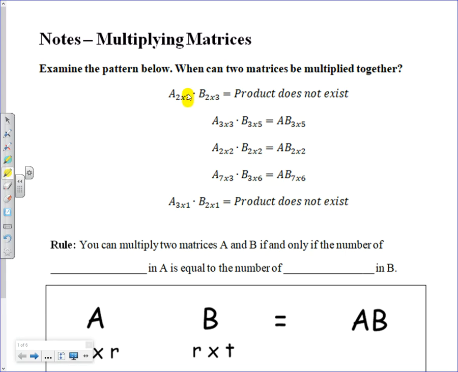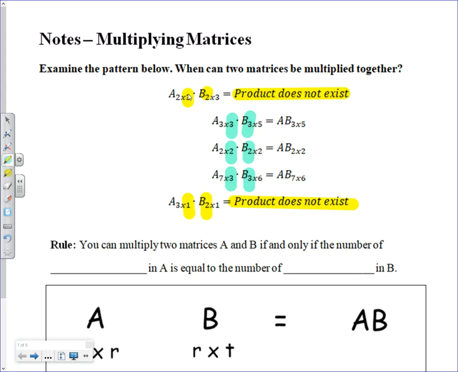Here we have a 3 and a 2, and it did not exist. Down here we had a 1 and a 2. It did not exist. But on these other ones where it was possible to do, we had a 3 and a 3. They're the same. A 2 and a 2. They're the same. We were able to multiply them together. A 3 and a 3. We were able to multiply them together.